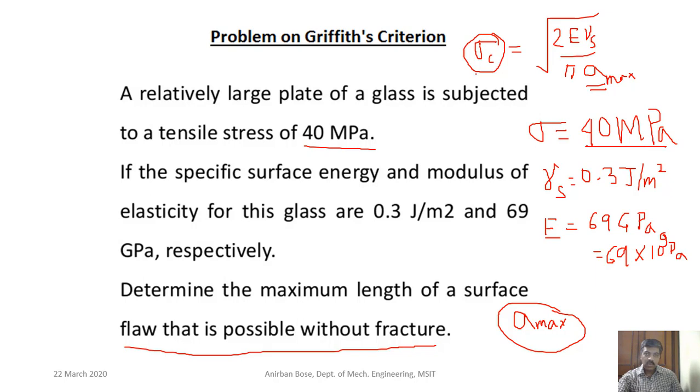Okay, so put sigma as 40 megapascal, and E and gamma s are given. So from this equation you can find the value of A max. You can solve for A max simply using this relation. It is as simple as that.